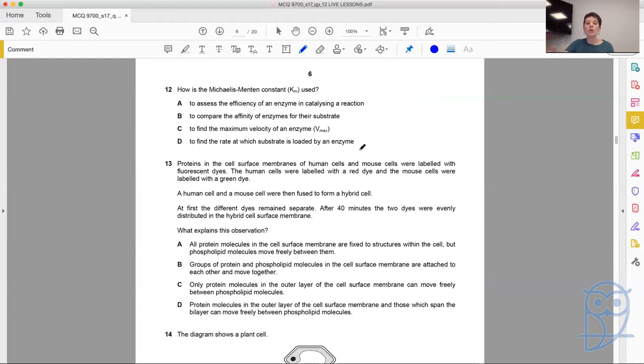Km is all about enzyme affinity. So the answer is B. We can compare affinity of enzymes for their substrate. So if we have two different enzymes that catalyze a reaction, we can look at the different affinities between them and then select the one that we want.